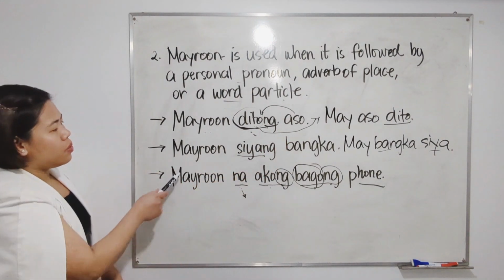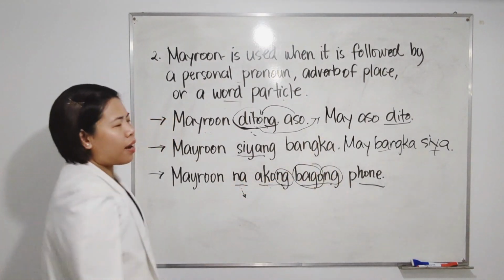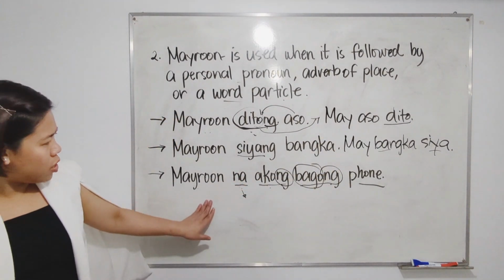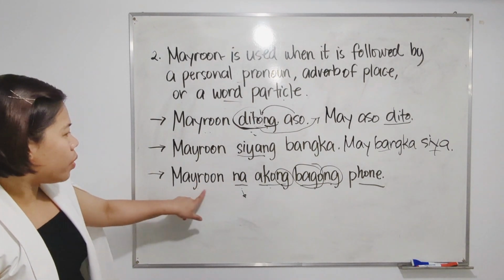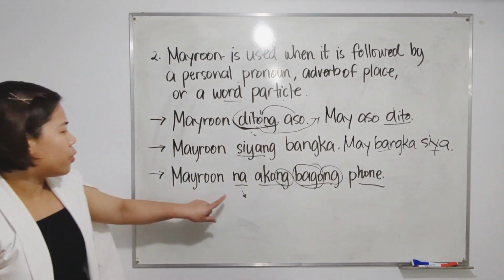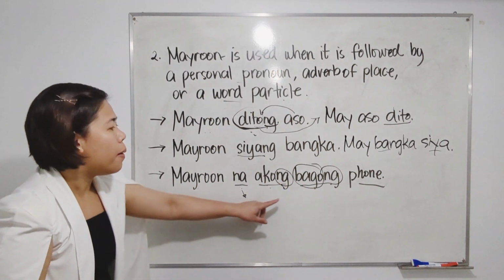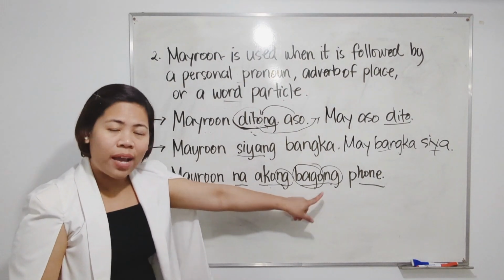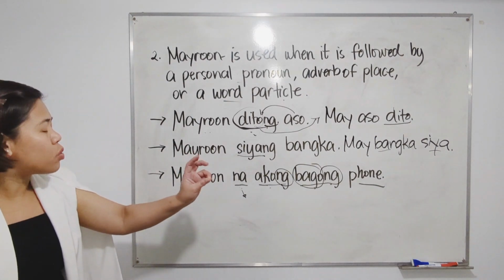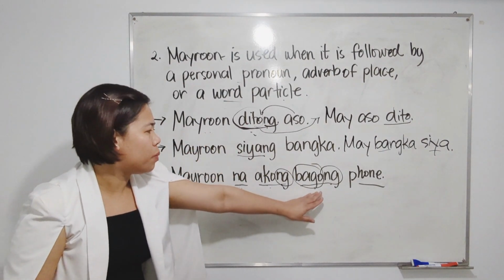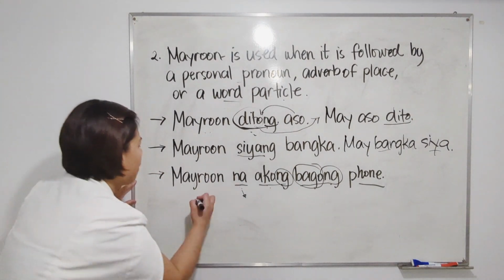So, two ways. You can say, mayroon siyang bangka or meron siyang bangka. Or you can say, may bangka siya. How about this one? Can you change it into may? Yes, you are going to put bago after the word may. So this one will become may. And then you would say, because bago is an adjective, right? In the first rule, you can use may if the next word would be an adjective. So you will put your adjective here. You would say, "may bagong phone na ako."